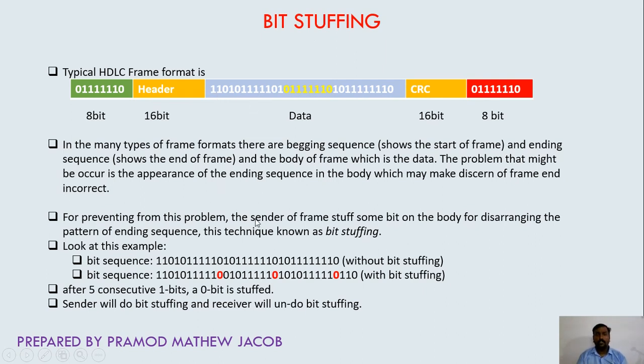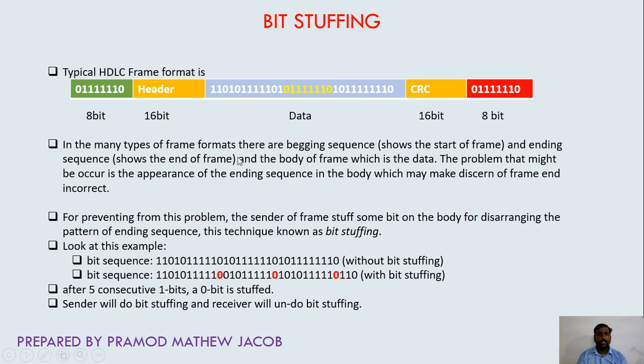To prevent this problem, the sender of the frame stuffs some bits into the body to disarrange the pattern of the ending sequence. This technique is known as bit stuffing. So consider the bit sequence here: 1 1 0 1 0 1 1 1 1 1 1 0 and so on. This is a sequence without bit stuffing.